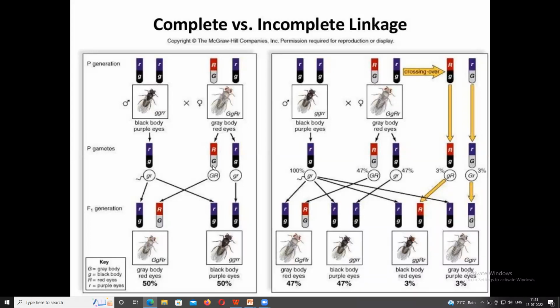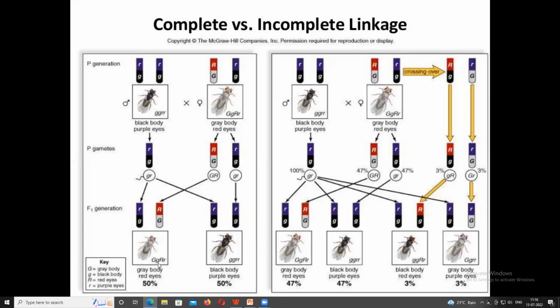This gamete and this gamete make one pair, and this gamete and this gamete go into the other offspring. What will be the phenotype of the offspring in this cross? We are getting capital R, small r, and capital G, small g.